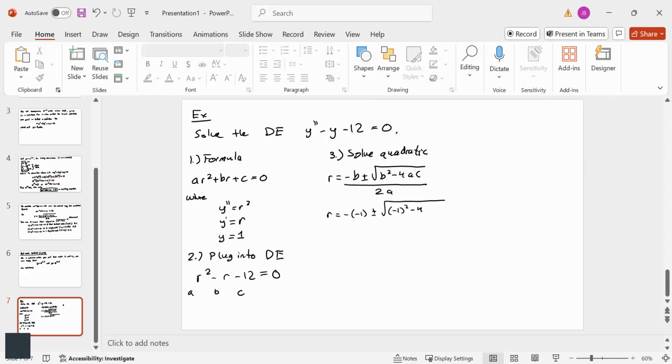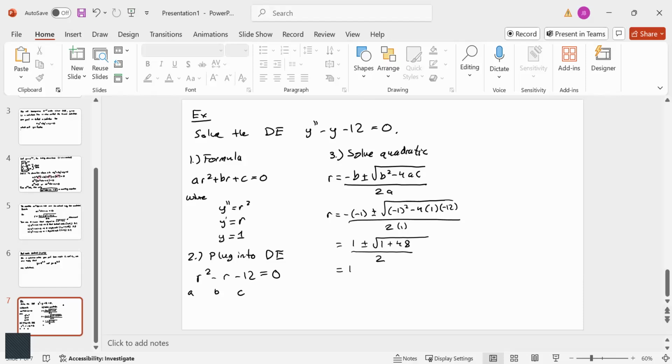And then we plug in everything else. A would be 1, C would be negative 12, and then divided by 2 times 1. And if we just simplify a little bit, 4 times 12, I believe, would be 40, nope, 56. No, that doesn't sound right either. 48, it was 48. I was right in my head. 48.